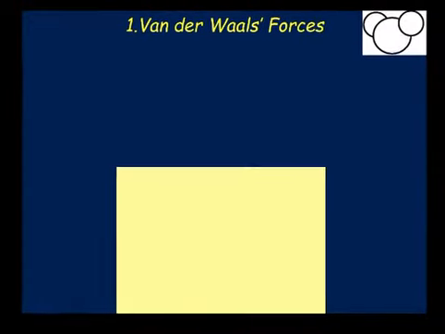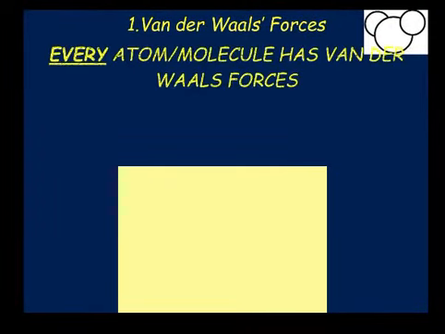Come back to this. Okay, so the first rule, and you need to write this in where it says your weakest van der Waals forces being the number 1. So we're putting weakest in here, and you're going to keep that descriptor. And just next to it, you're going to write and highlight that every atom or molecule you come across has van der Waals.